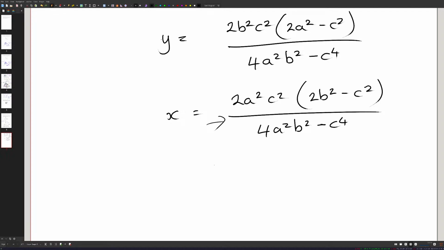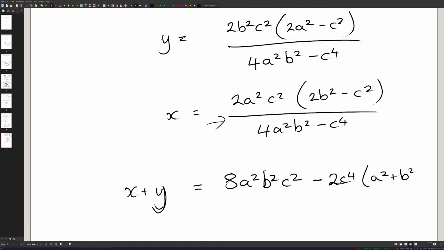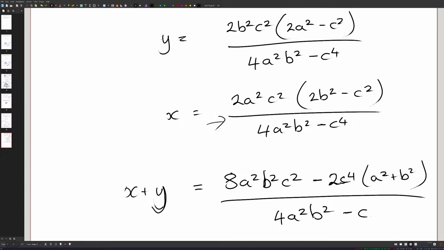And then we're subtracting, well, let's work it out. x plus y is going to be 4a squared b squared c squared plus another 4, so 8a squared b squared c squared, and then minus 2c to the 4 times a squared plus b squared, over 4a squared b squared minus c to the 4.